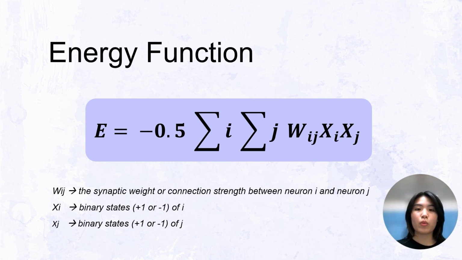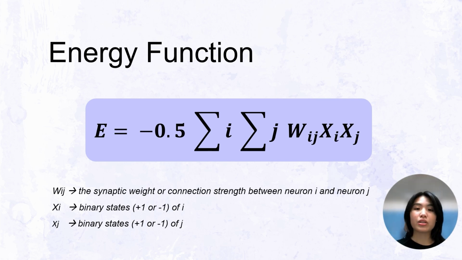The synaptic weights, which are denoted by Wij, between neurons indicate the strength of the network connections, while Xi and Xj will take values of either positive one or negative one. So the energy function has the aim to find a state with minimal energy, which will indicate the stable patterns of the network.